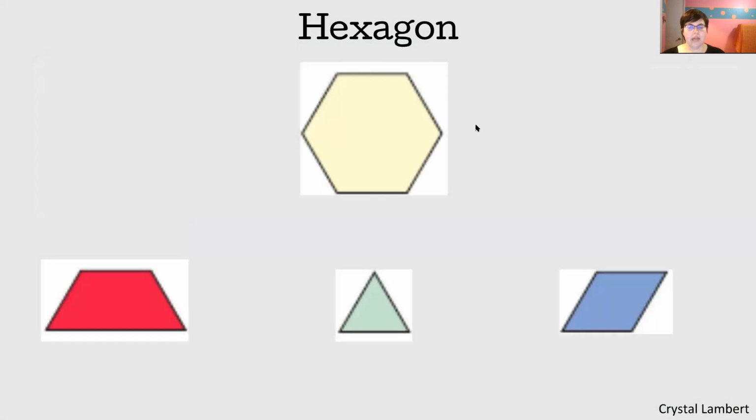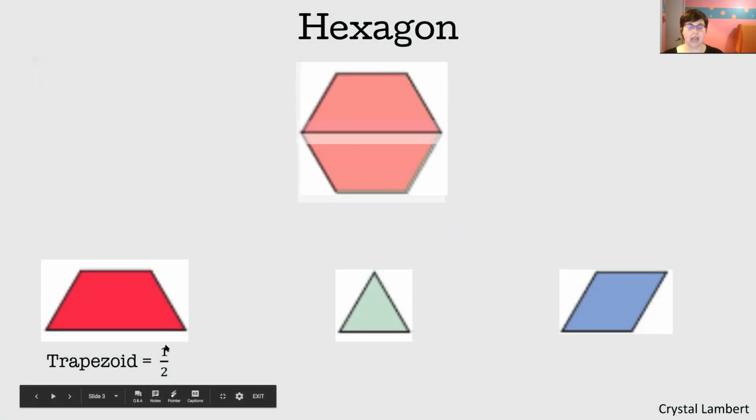With the hexagon, we're going to take the trapezoid, and we notice that we can fit 1, 2 trapezoids inside the hexagon. Since we divided the hexagon into 2 equal parts, the denominator is going to be 2 in this case. The number representing the trapezoid is on top.